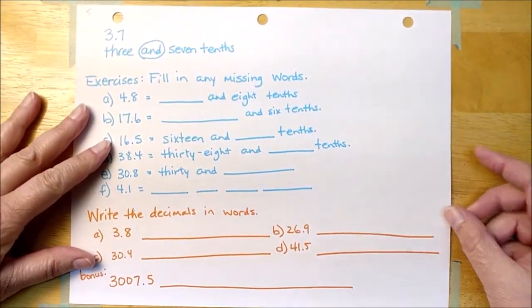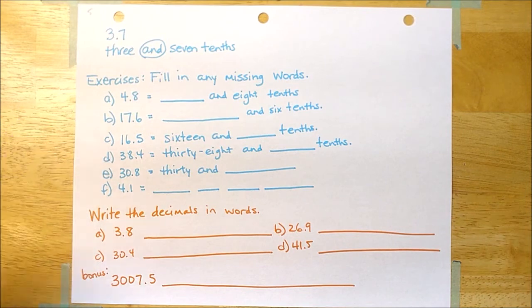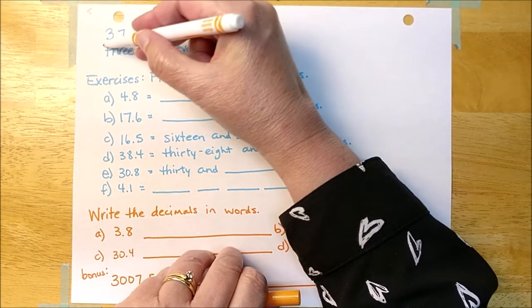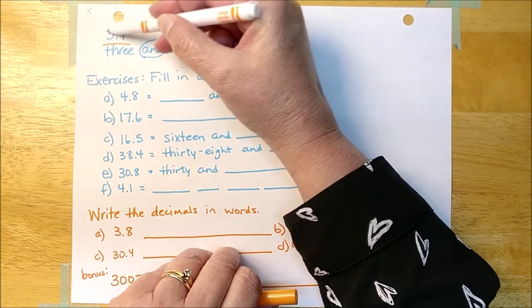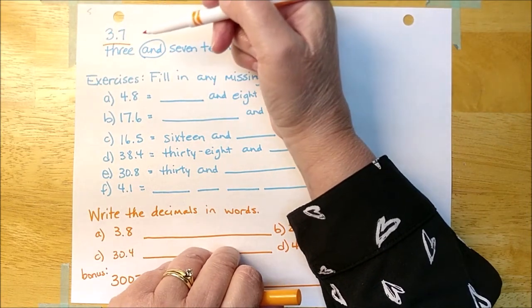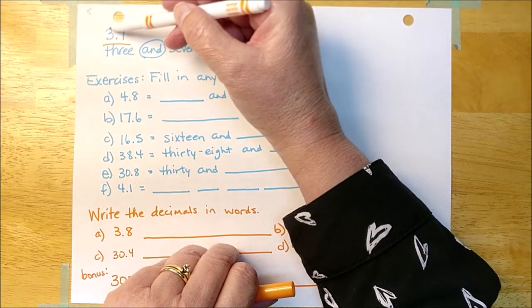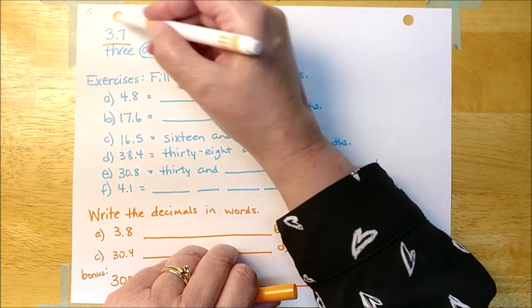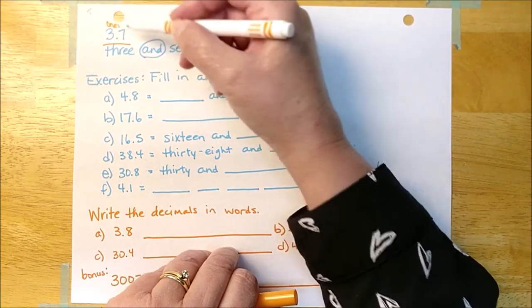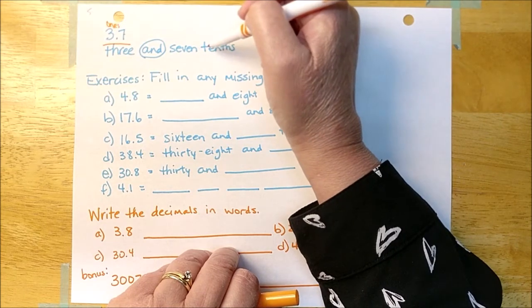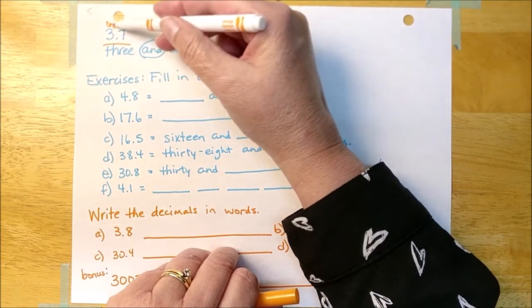Now we are going to move on to how do we write in words a decimal. So in this, we have written 3 7/10. So that means we have 3 whole ones, notice the word ones, and 7/10. So how do you say 3?